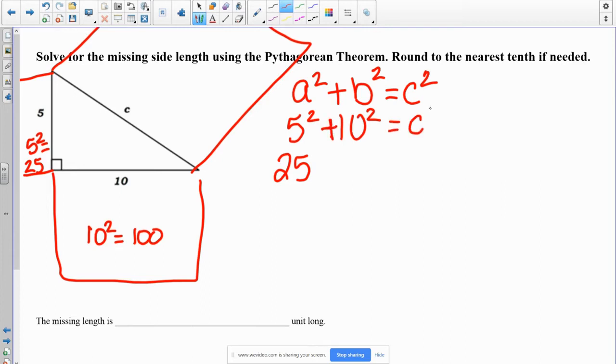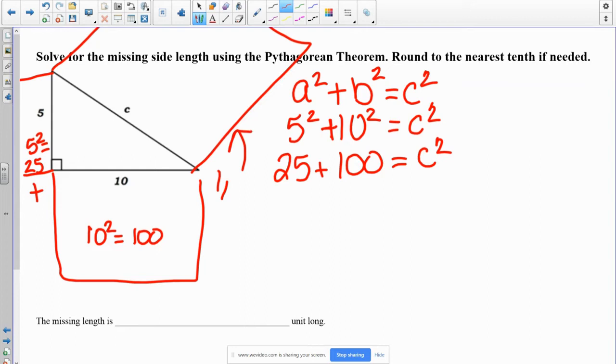And that's going to equal what we don't know yet. So we have 10 squared, which we just found here is 100, and that equals c squared, the unknown. Mathematically, we know the Pythagorean theorem: this small square's area, which is 25, and the area of the square on this leg, which is 100, if we add those together, it's supposed to equal the area of the big square.